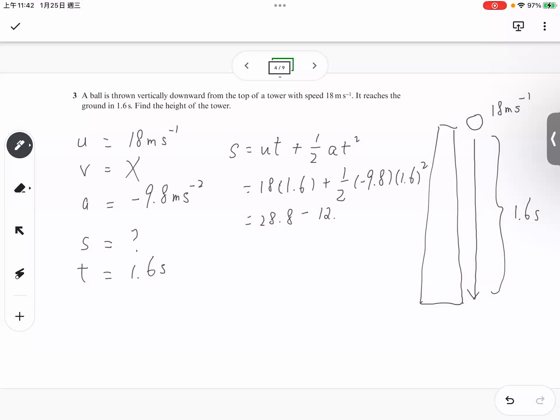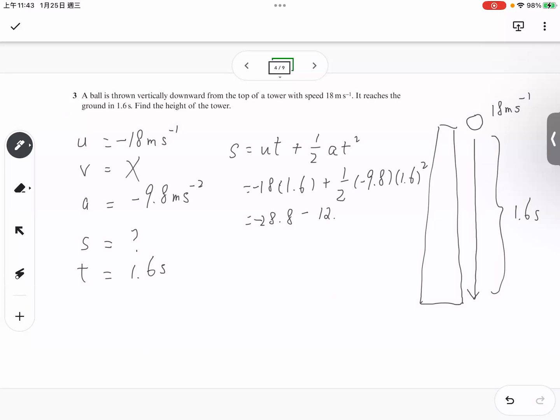The U must be negative also, right? Yeah, the U must also be negative. Sorry about that. Because it goes down, so we have the downward direction. This is negative 28.8. Okay, we will go to 9.8 times 2.56 over 2.